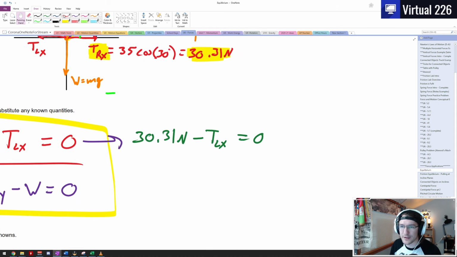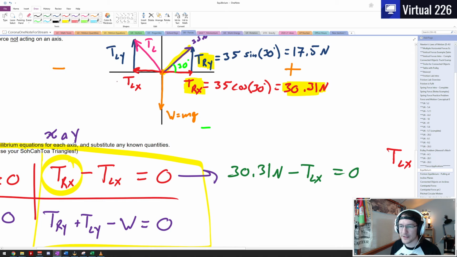That pretty clearly shows us that the tension on the left side in the x direction has to equal 30.31 newtons as well. So we immediately see that this here is 30.31 newtons. That's a pretty cool feature right there.